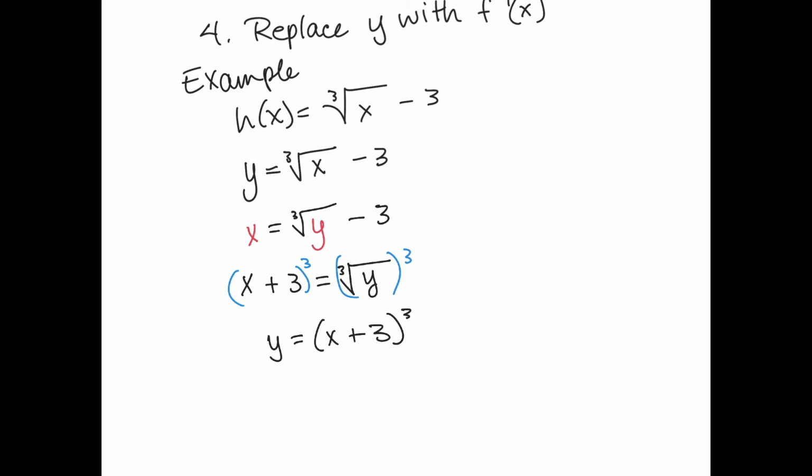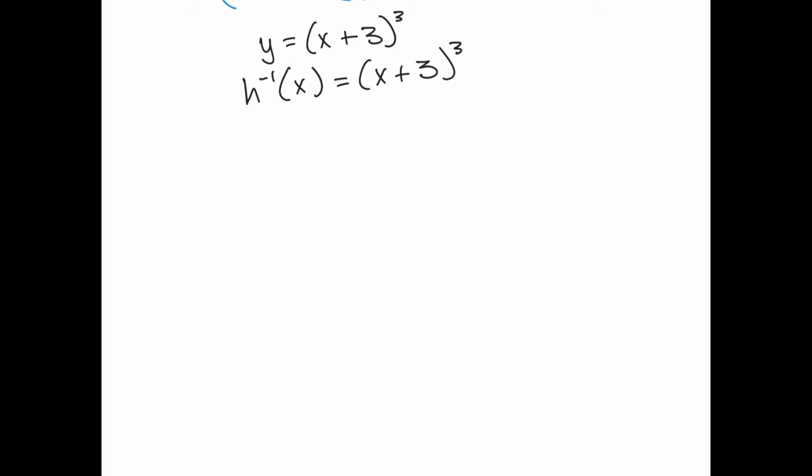Almost finished, just need to change the y to h inverse of x. And then we'll be done. So the functions can vary a lot, but those 4 steps are always the same.